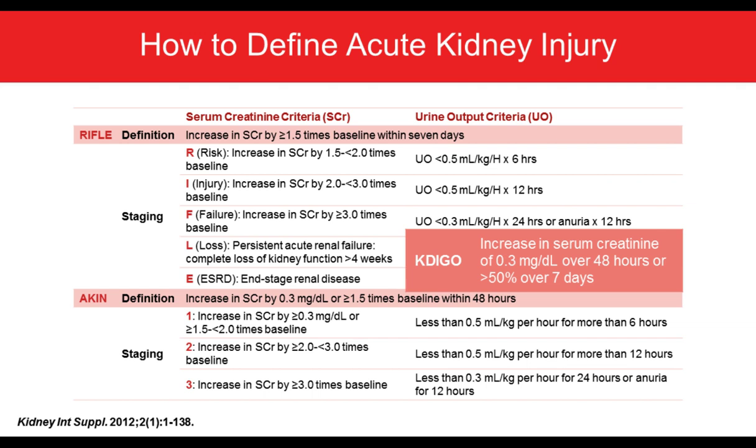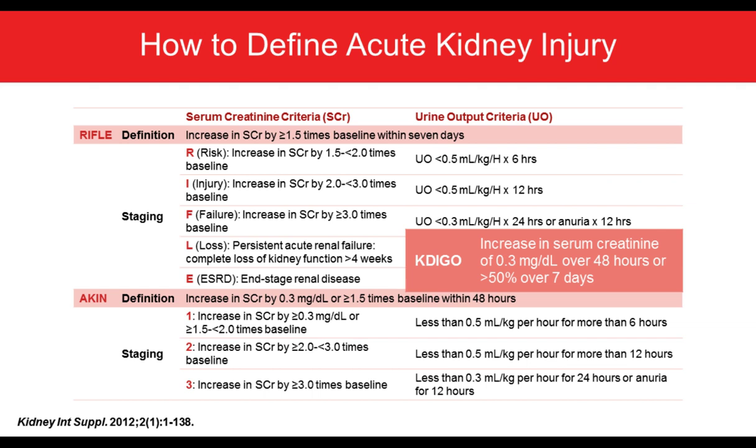That kind of helped a lot, started defining acute kidney injury for research purposes, for epidemiological purposes, and planning purposes, because before that there was no consensus in the definition. But over time, people realized that this definition was very sensitive, but had no specificity, a lot of false positive cases.